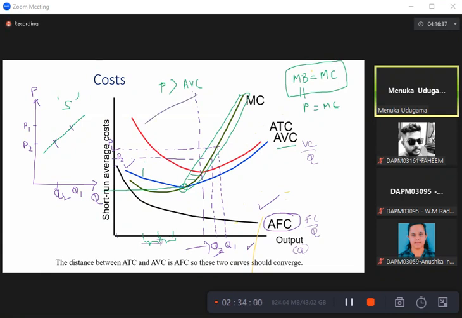Where you can see the average cost. Right? This area before the minimum cost function, right?